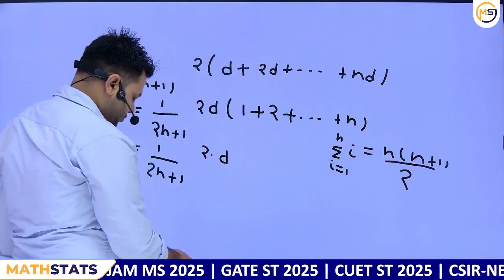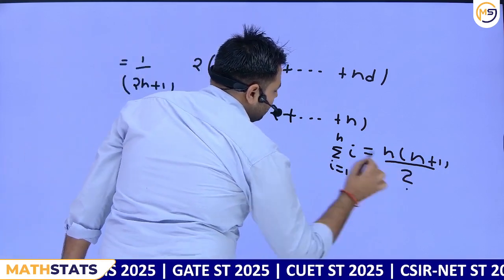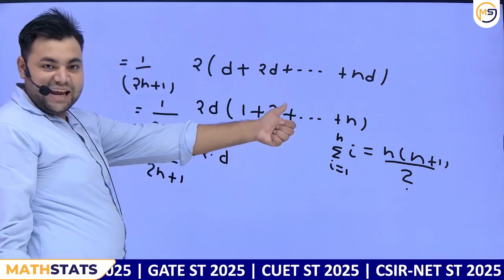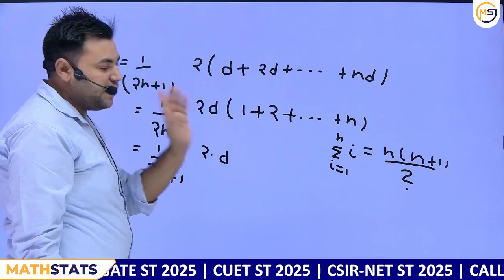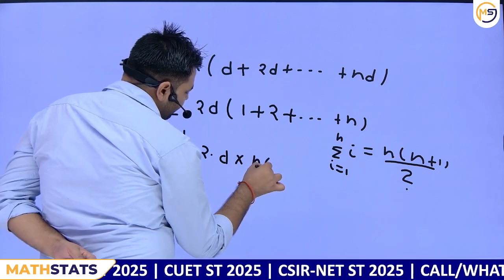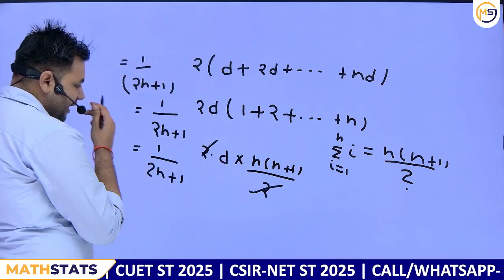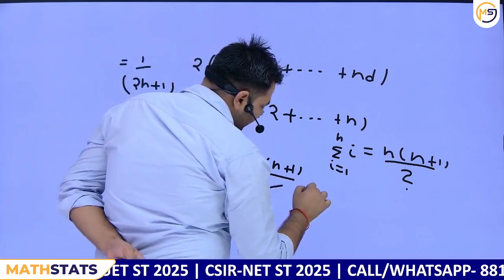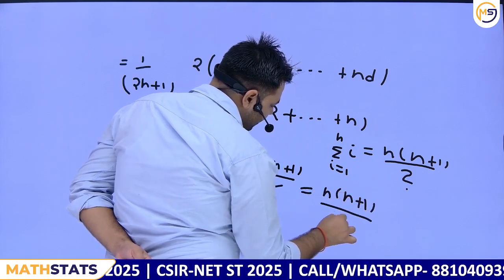What is the summation of the first n natural numbers? The summation of the first n natural numbers is equal to n into n plus 1 by 2. So you can put the value here, n into n plus 1 by 2. So this 2 and 2 cancel out. What will you get? You will get (n plus 1) divided by (2n) times d.